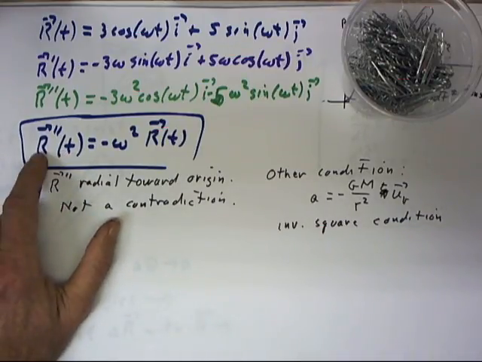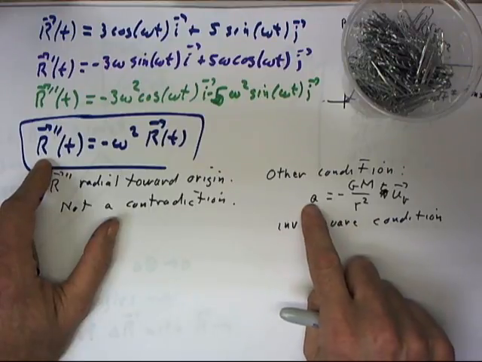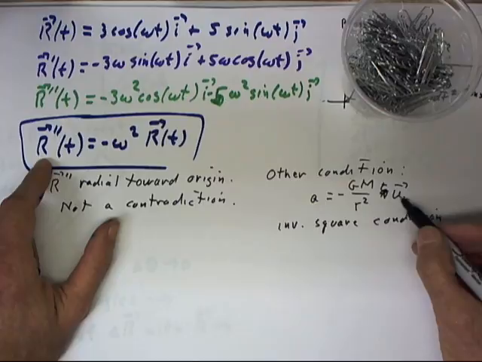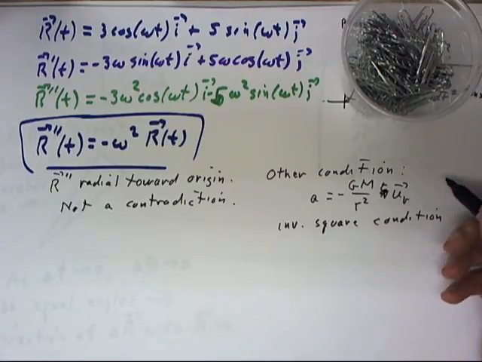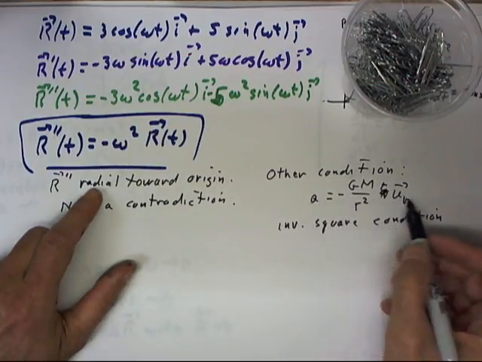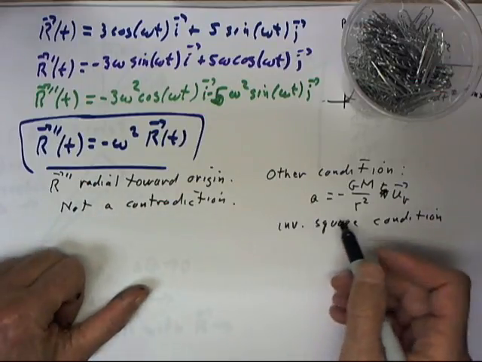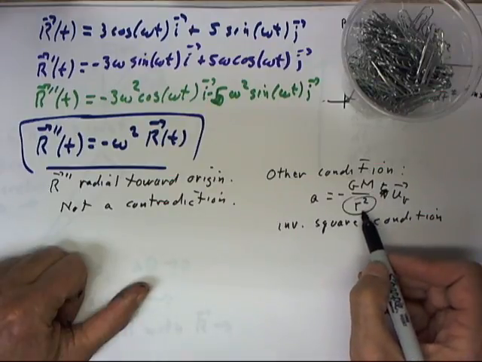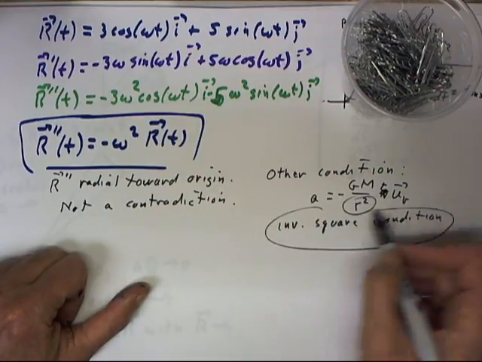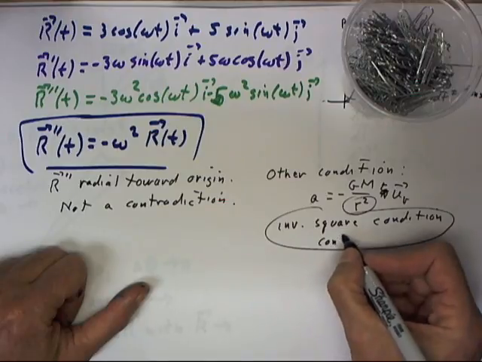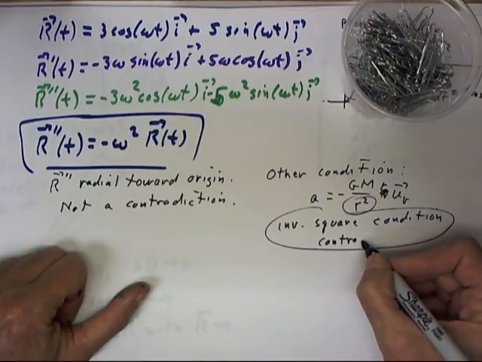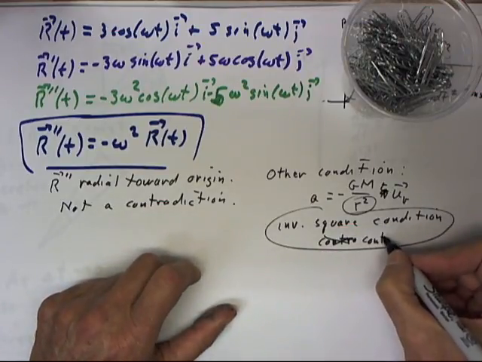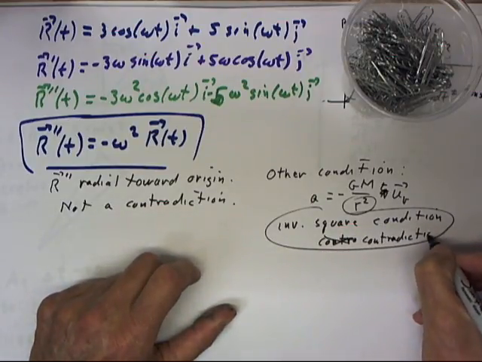We've shown here that r double prime, which is our acceleration vector, is a negative multiple of the radial unit vector. Not contradicting this, but the inverse square condition, the condition that this acceleration be inversely proportional to the square of the distance, that is contradicted. Well, actually we already wrote, yeah, no. Didn't look closely enough at what I'd already written.